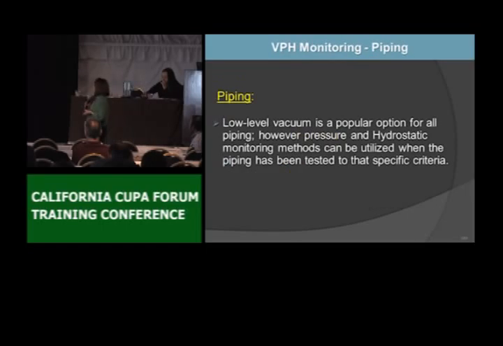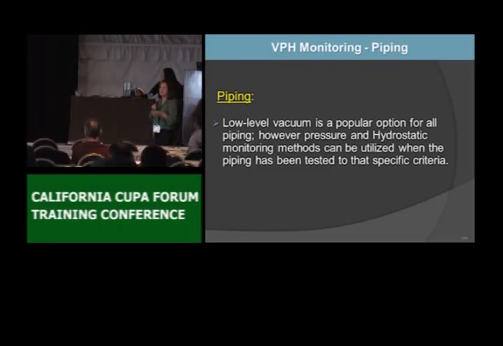For piping, low-level vacuum is, I would say, the most popular option. However, pressure and hydrostatic monitoring methods can be utilized, but you always want to make sure you're using the right components with the correct option, and I'll address that in just a minute. In San Diego, we really only have one station.